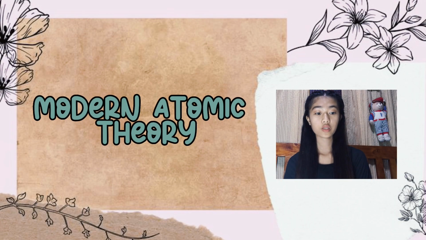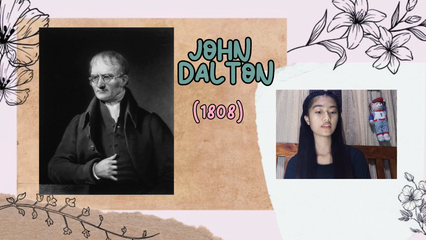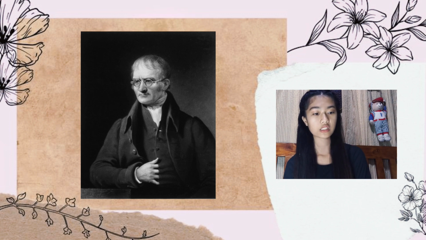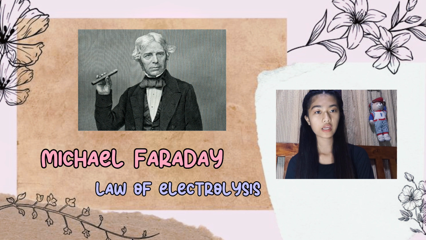Modern atomic theory begins with the work of John Dalton, published in 1808. He held that all atoms of an element are of exactly the same size and weight, and are in these respects unlike the atoms of any other element. Evidence for Dalton's theory also came from Michael Faraday's law of electrolysis.